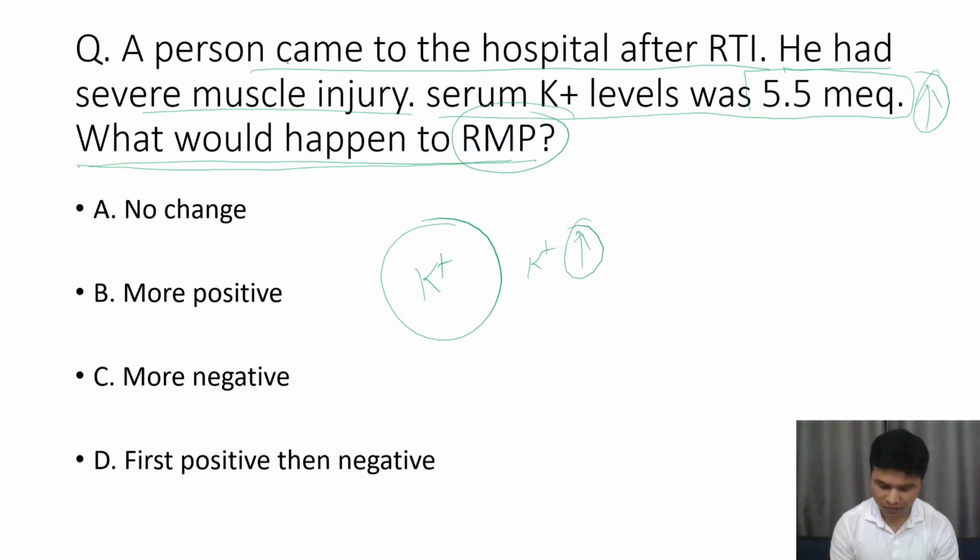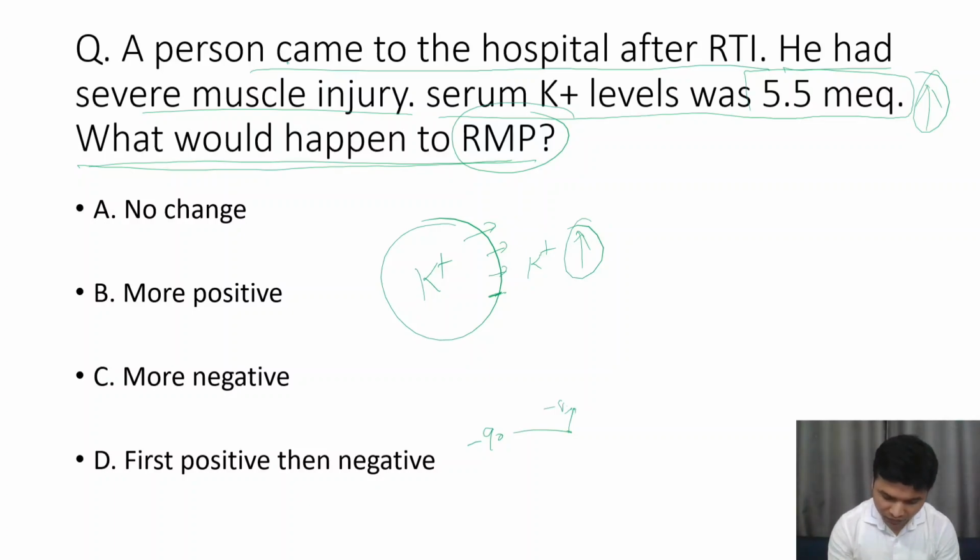Normally, for the membrane potential, potassium is more inside. Whenever the potassium channel opens, potassium leaks from inside to outside, and potassium is a positive ion. Suppose the potential is minus 90 millivolt. If potassium leaks out, it will become minus 80, minus 70, minus 60 like that.